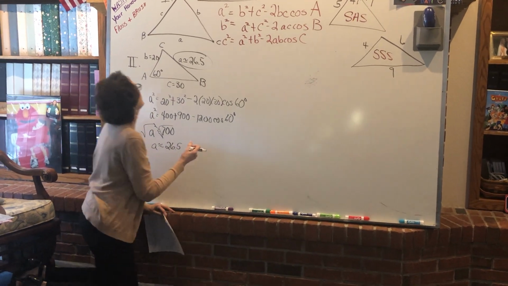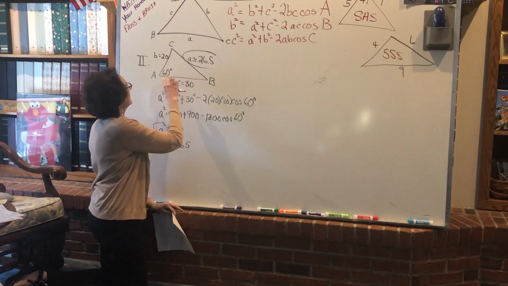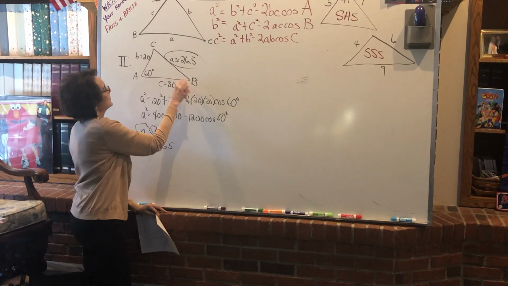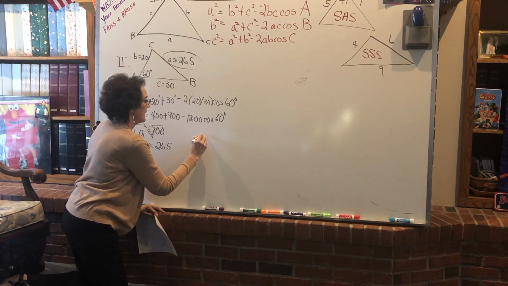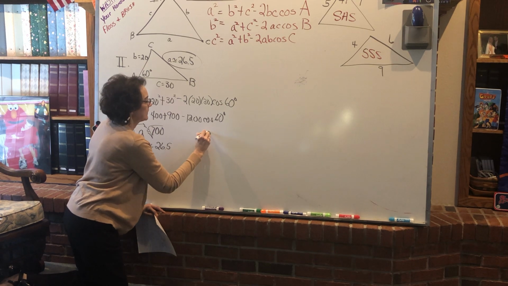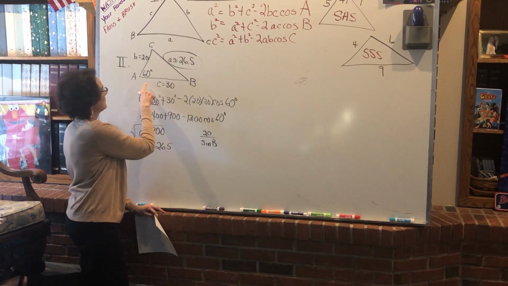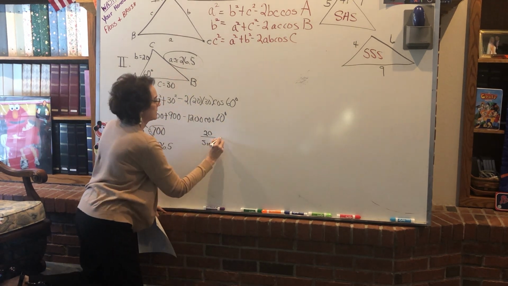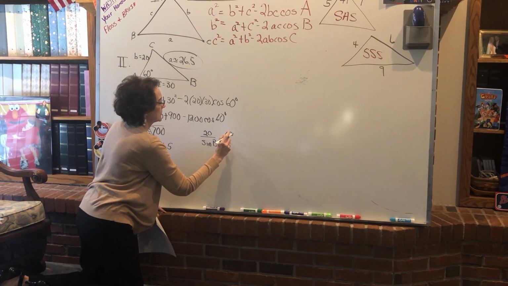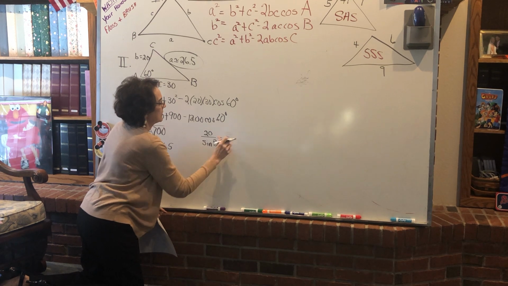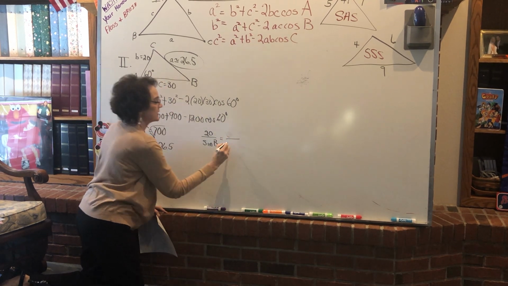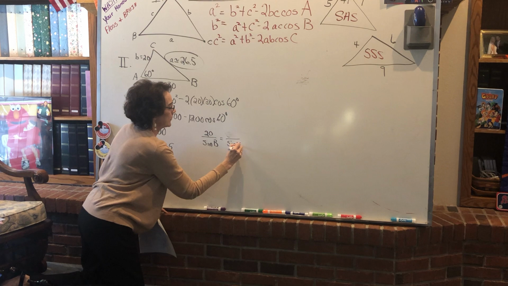So if we're going to use the law of sines, let's just find B, okay? 20 over the sine of angle B, and we're going to have to use the angle 60, so the sine of 60, on the bottom.